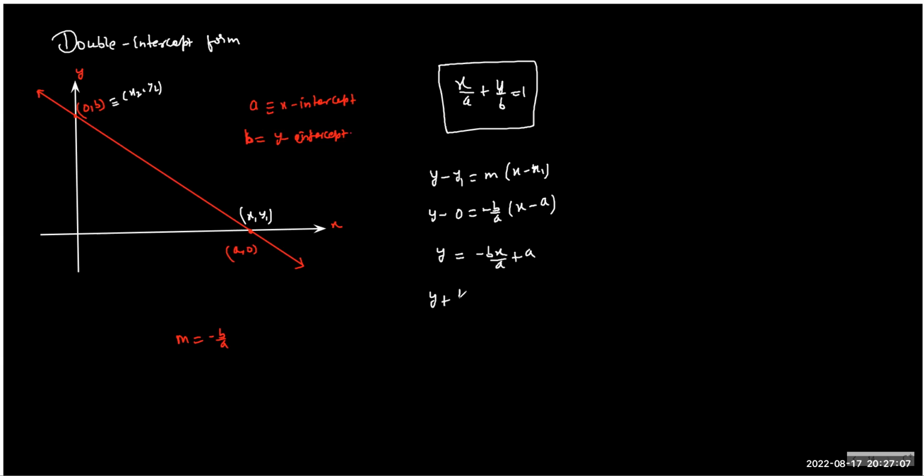So y plus bx upon a is b. Minus b by a into minus a will be plus b. And then the rest is simple. So y by b plus x by a equals 1. Or you can read it the way he said.